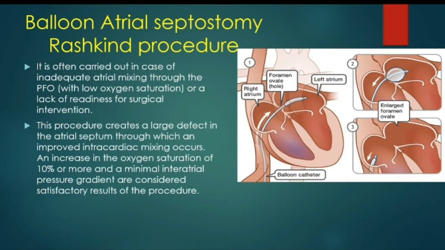Then the balloon is inflated with diluted radio-opaque dye and abruptly and forcefully withdrawn to the right atrium under fluoroscopic or echocardiographic monitoring. This procedure creates a large defect in the atrial septum and allows proper intracardiac mixing.